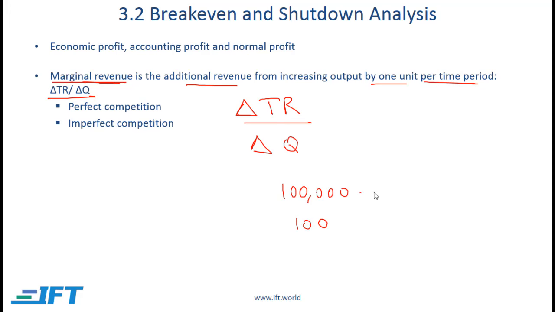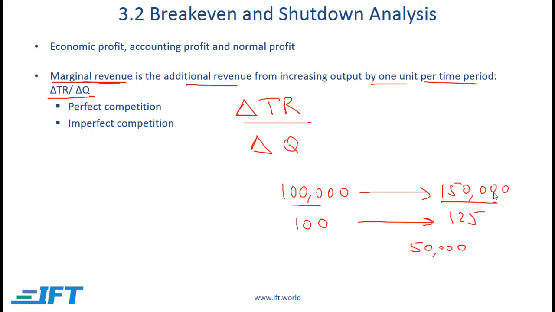From here we move to a revenue of 150,000, and here we are producing 125 widgets. So what is the marginal revenue? The marginal revenue will be the change in total revenue, which is 50,000.